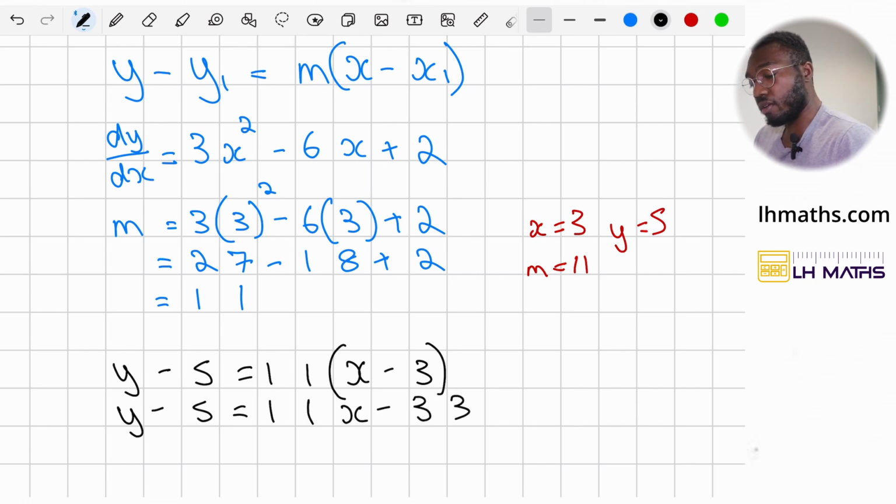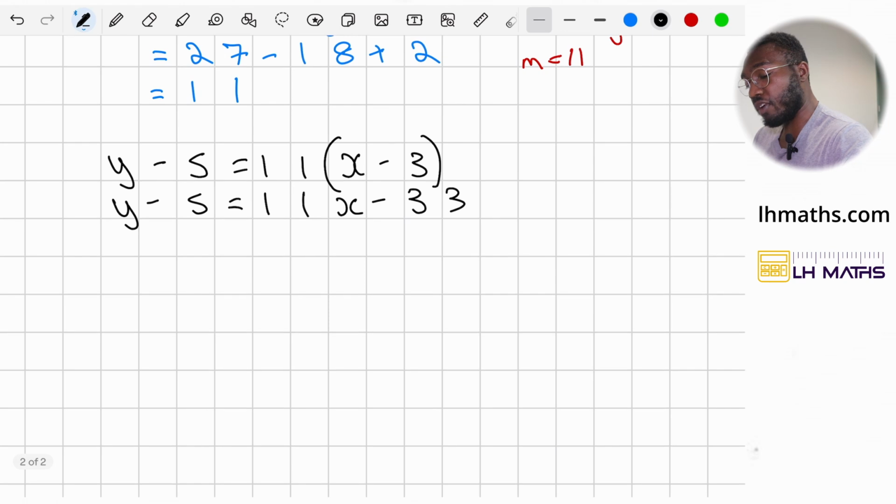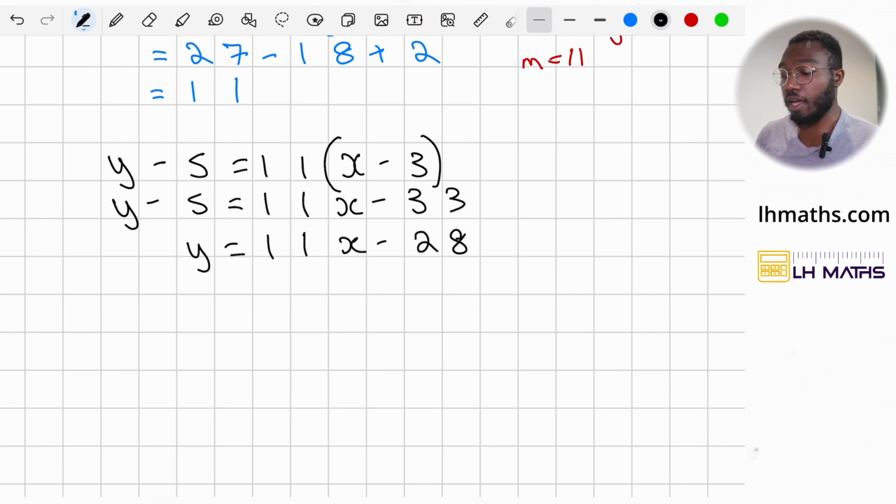Then if we bring the 5 over to the other side, we are left with y is equal to 11x minus 28. So the equation of the tangent at the point (3, 5) of this cubic graph is y equals 11x minus 28.